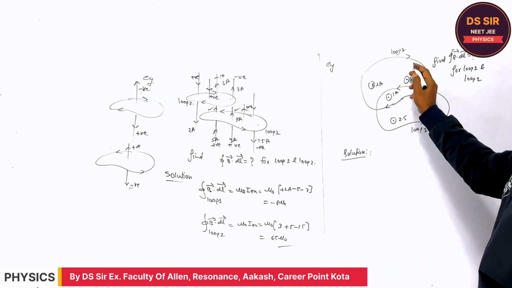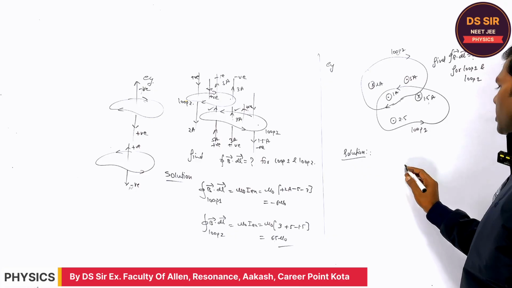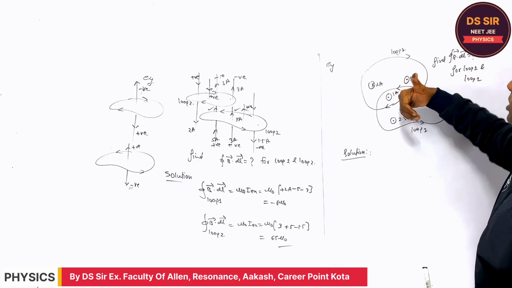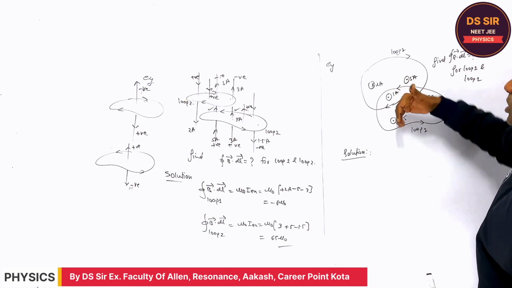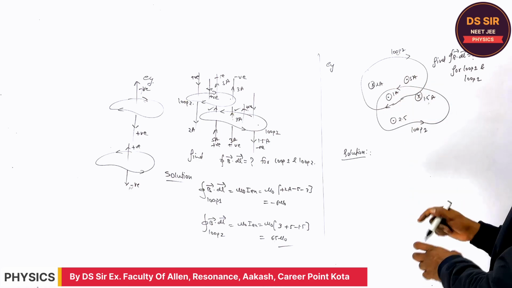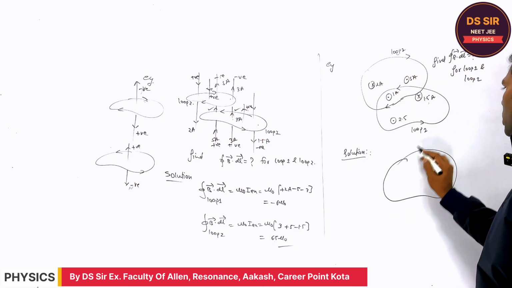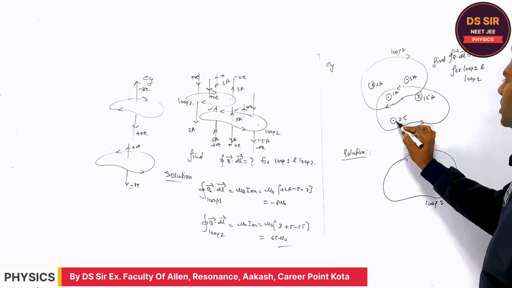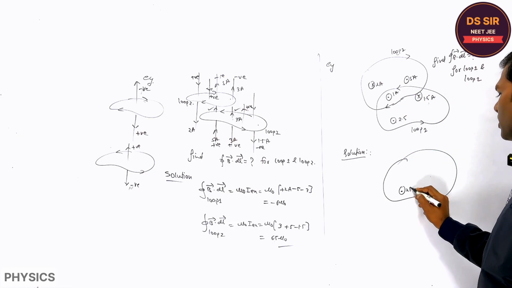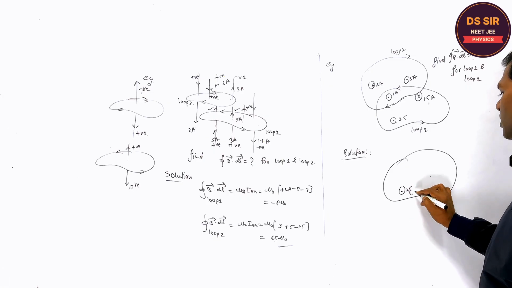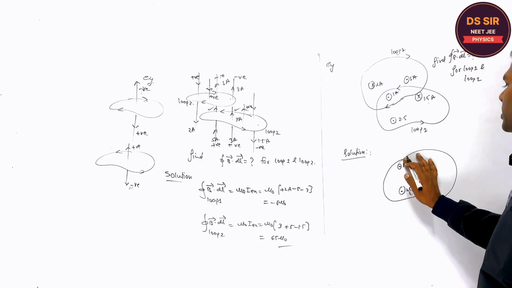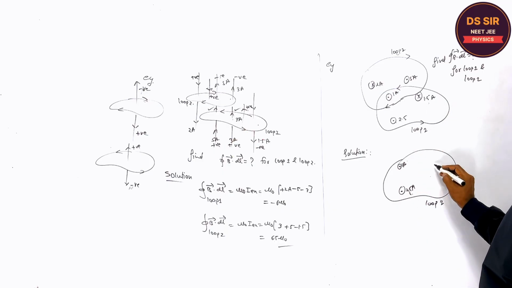So for loop 1, what is the orientation of the loop 1? Anti-clockwise sense. What are the currents enclosed by it? This is the 2.5 ampere, this is 1 ampere, and this is cross 1.5 ampere.